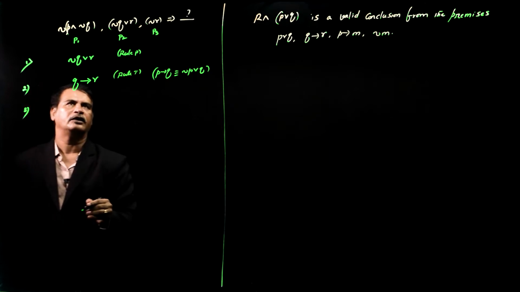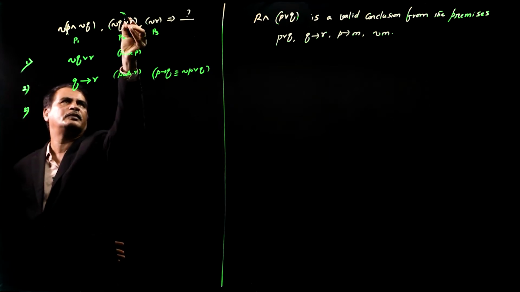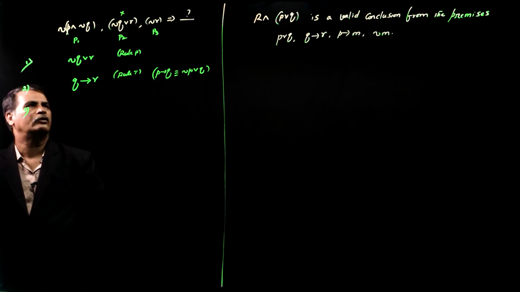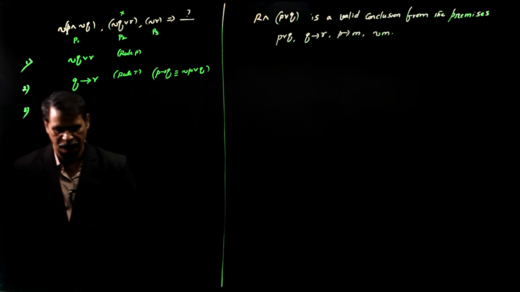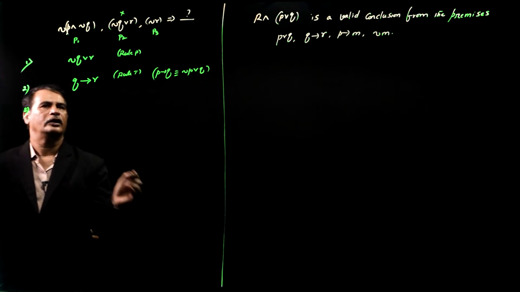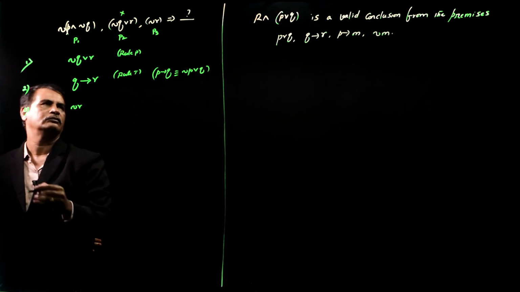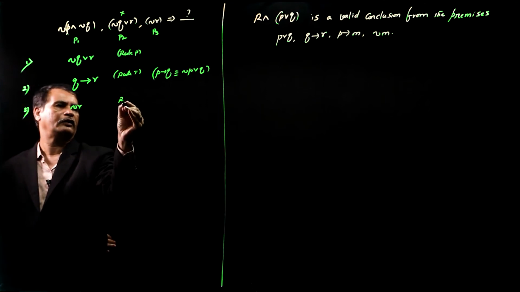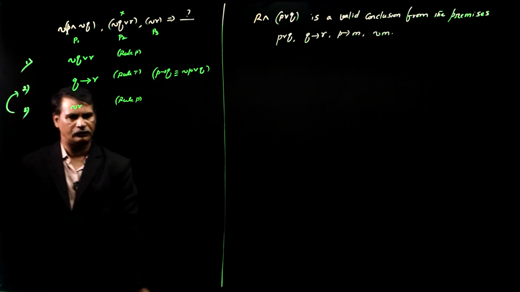Next, take down the next term. I have already used this premises, so it is not allowed to use it once again. Every premises should be used only one time. Now I am taking the next one, negation R, again from the premises. Now, by using these two steps, can you get any conclusion?